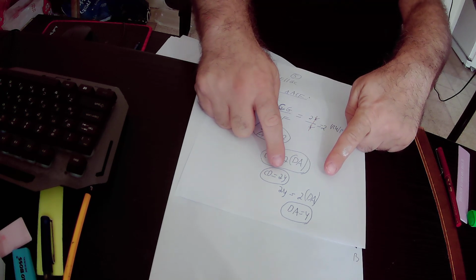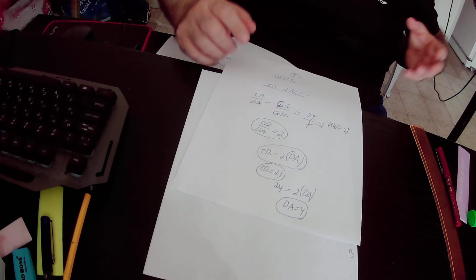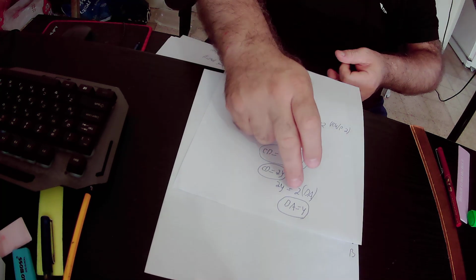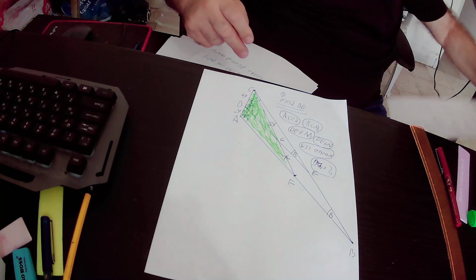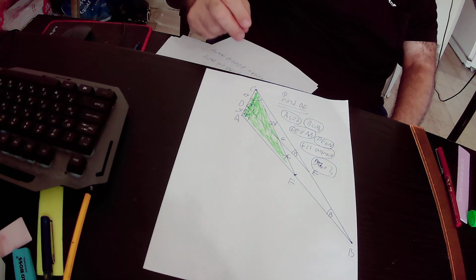We divide this equality by 2 and get that DA equals y. So we found out that if CD equals 2y, then DA will be equal to y.